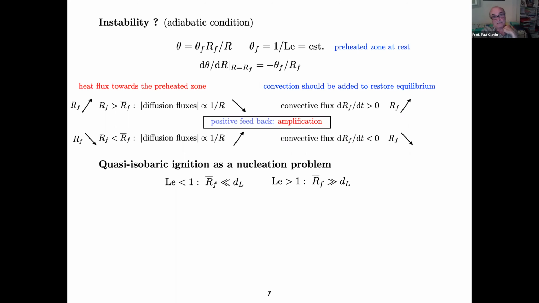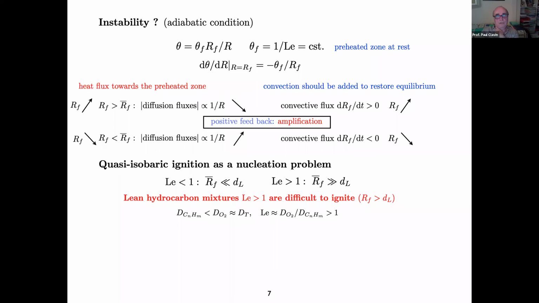And it is very interesting to notice that when the Lewis number is small, the equilibrium radius is very small, but when the Lewis number is larger than unity, this radius becomes larger than the planar flame thickness, which means, from an applied point of view, that lean hydrocarbon mixtures are difficult to ignite.